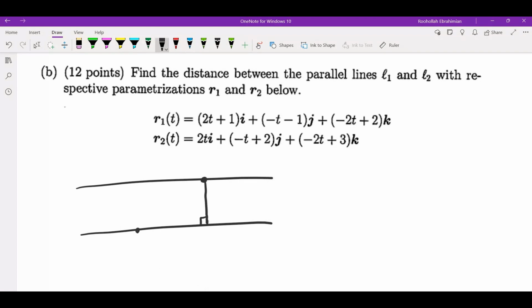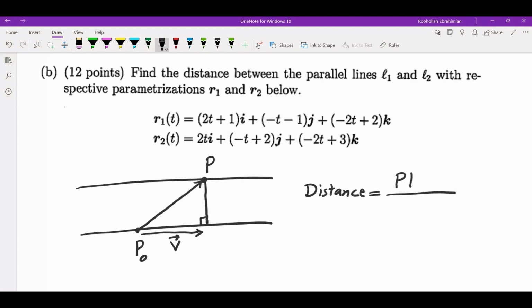So if a point on the line is P0 and a point outside of the line is P, and V is the direction vector, the formula for distance is going to be: we take P0P and cross that with V, and then we divide by the magnitude of V.